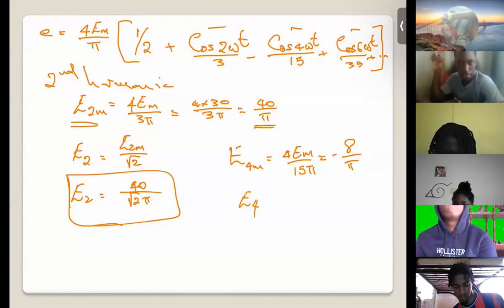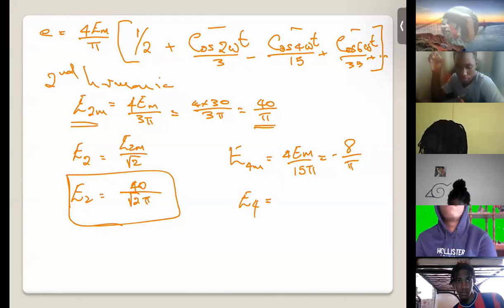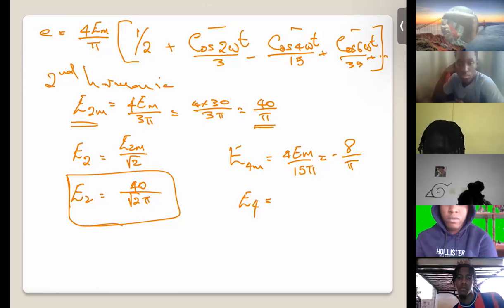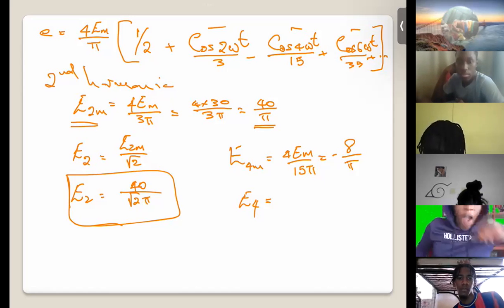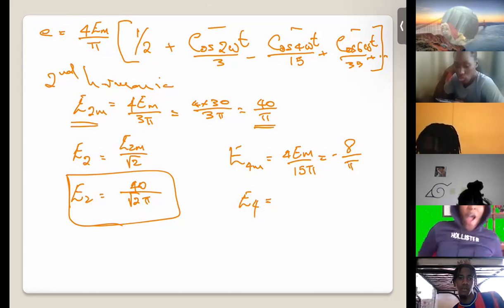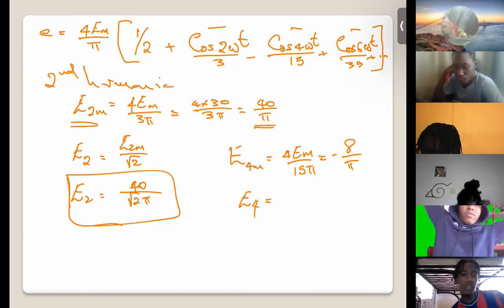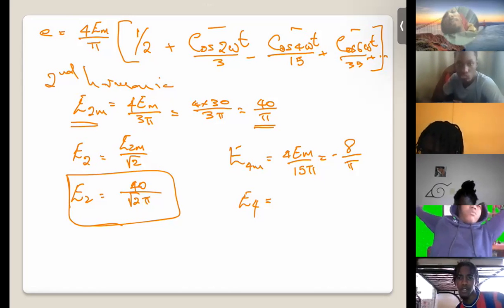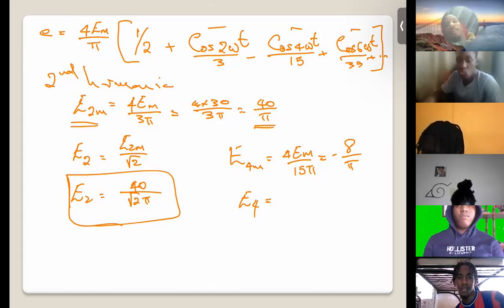So if that is the peak, Harrison, what's the RMS? If the peak is 8 over pi, what's the RMS? Yes, sir. So the RMS would be, sir, E4M over.